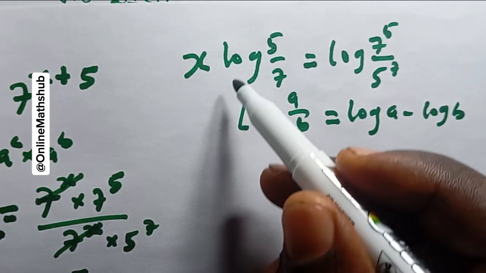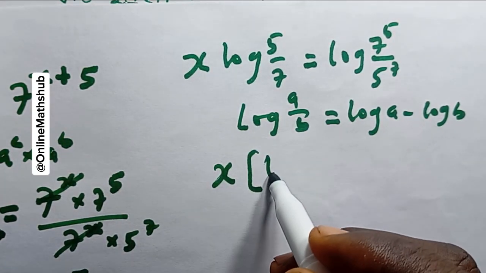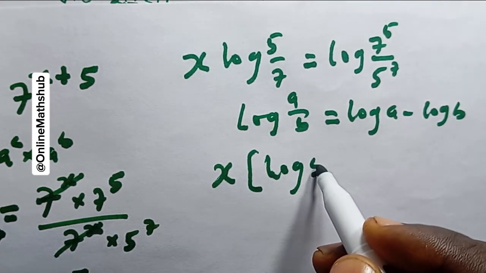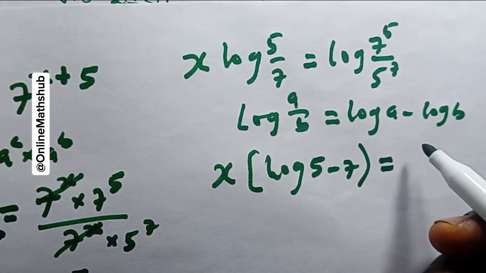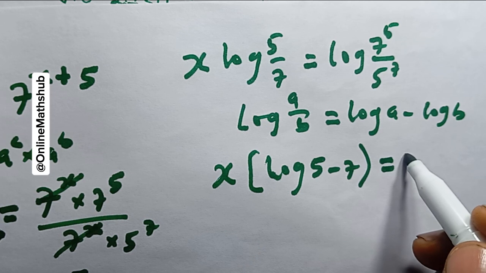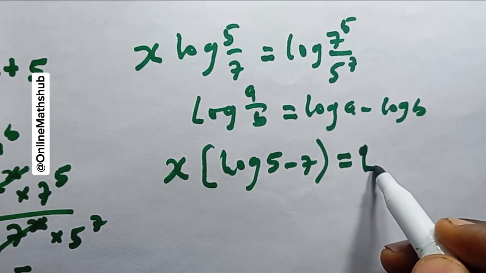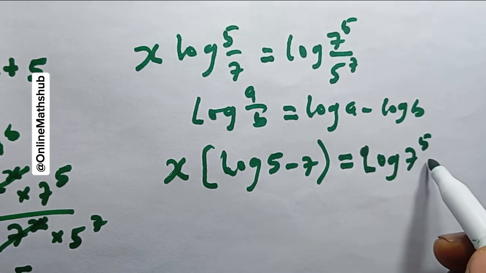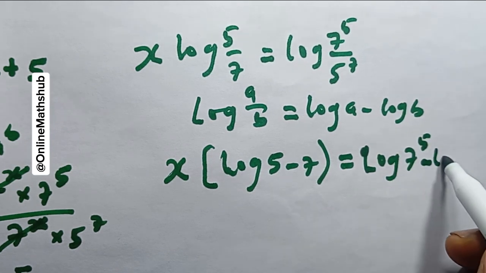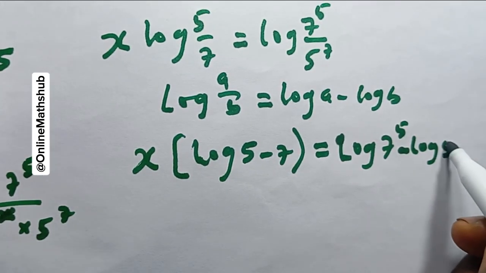If I use this over here, we're going to be having x into (log 5 minus log 7). It's equal to, I will also do that on the right hand side, log 7^5 minus log 5^7.